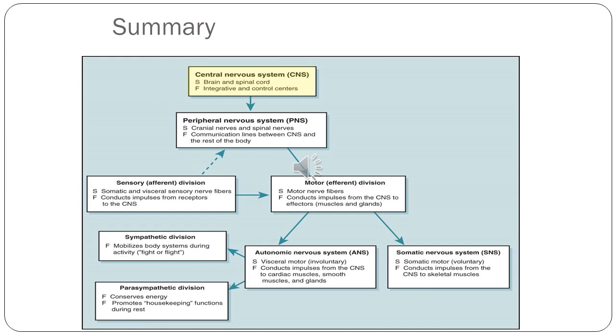For instance, at the top, the hierarchy: the central nervous system, the structures being the brain and spinal cord, the functions being integrative and control centers. The peripheral nervous system, the structures being the cranial nerves and the spinal nerves, communication lines between the CNS and the rest of the body, and so forth.